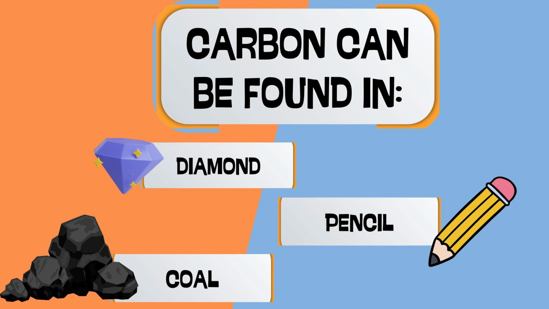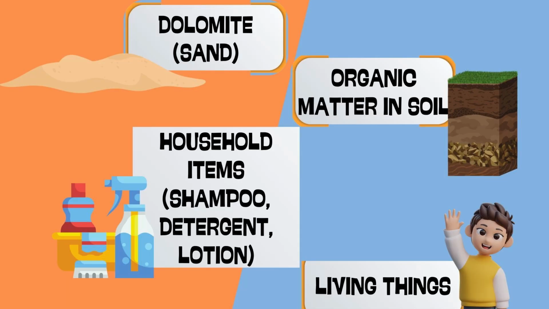In addition to those, in the next slide, we have other examples listed here, such as dolomite and artificial sand, both of which contain carbon. Organic matter in soil also contains carbon, as well as many household items like shampoo, detergent, and lotion.